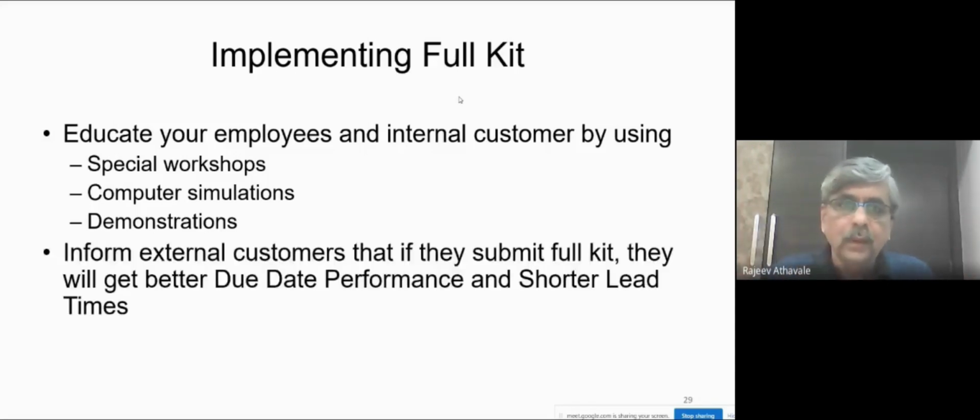Also, it is important to inform external customers. Many times we receive something from our customer and on that we work. It could be some design or some material or anything. Now, if they give us everything together as a full kit, tell them, show them, demonstrate to them that if they do that, they will get better unit performance and shorter lead time.